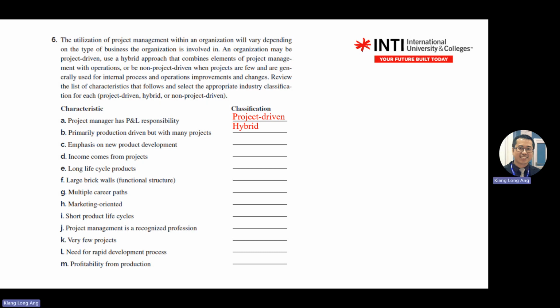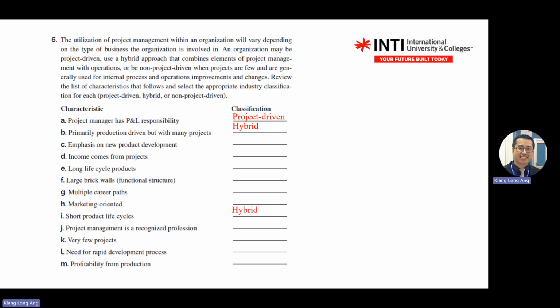Okay, hybrid is in the middle between the two. The third one, emphasize on new product development. This one is an extreme side. It's either on the left or right. Hybrid.